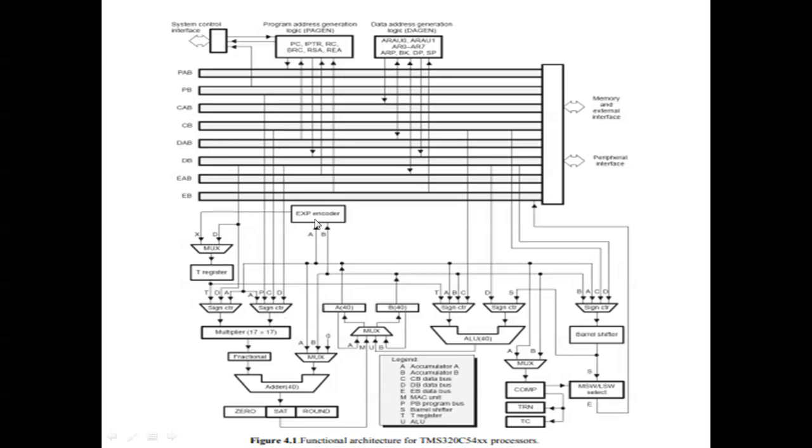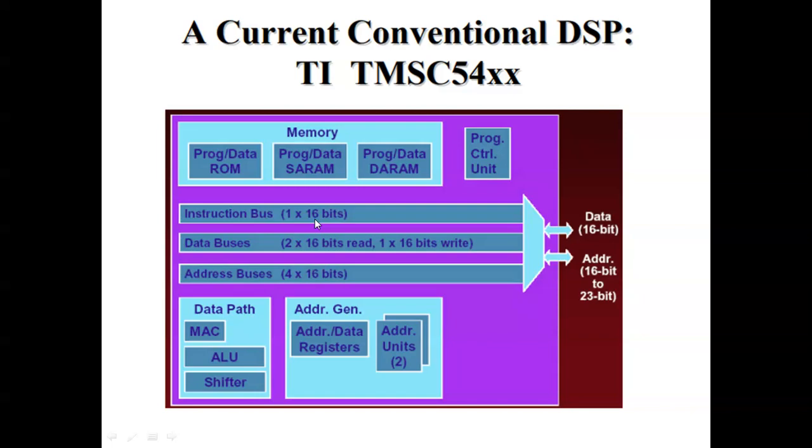So these are the components in the TMS320C54XX.